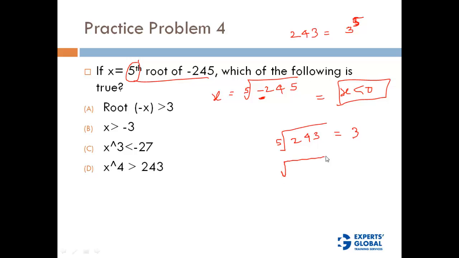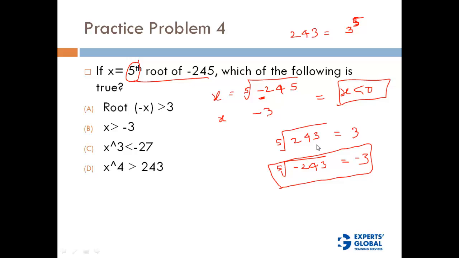And the fifth root of minus 243 is going to be minus 3. Correct? Okay, now we have x is equal to the fifth root of minus 245. So this x is going to be very, very close to minus 3, and the question is whether it is greater than minus 3 or less than minus 3.